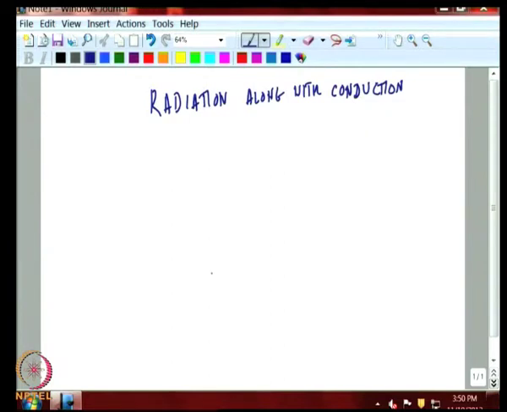And the simplest problem we can do is assume a gray gas, one dimensional, to illustrate the manner in which radiation interacts with conduction.